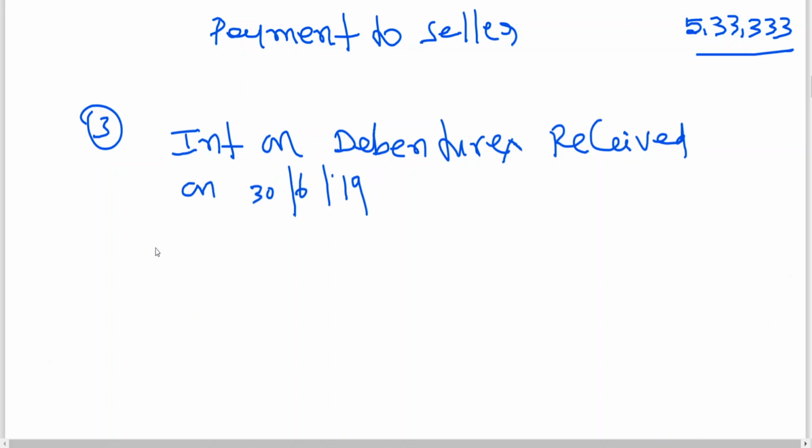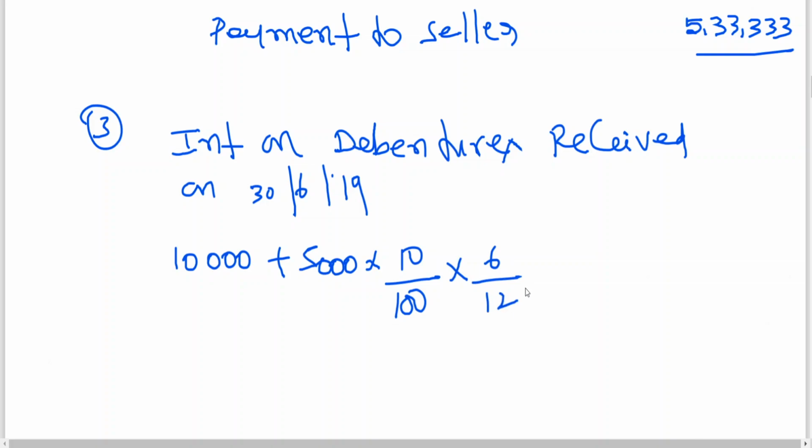You have to calculate for 10,000 plus 5,000 debentures, rate 10 by 100 into 6 by 12.